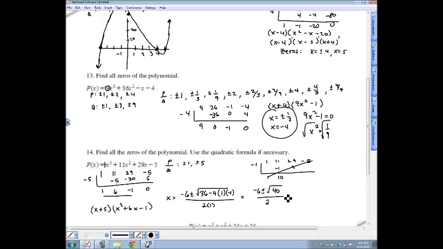And if we simplify this, the square root of 40, 40 is the same as 4 times 10, or the square root of 4 times 10, which means the 4 is going to come out as a 2. So it's -6 plus or minus 2 square roots of 10 all over 2.